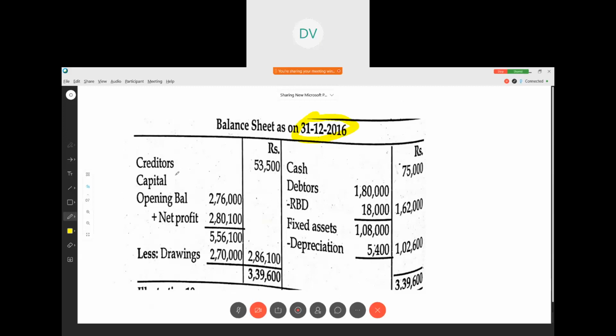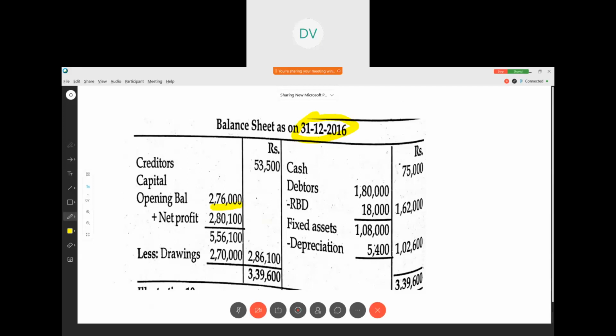Capital. How to prepare capital? Opening capital, add net profit. If there is a loss, deduct net loss. Then add interest on capital, less drawings, less interest on drawings. So this is the format, right? In this, the opening capital we have calculated in the opening balance sheet, correct?